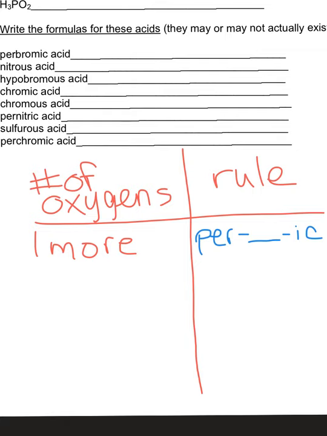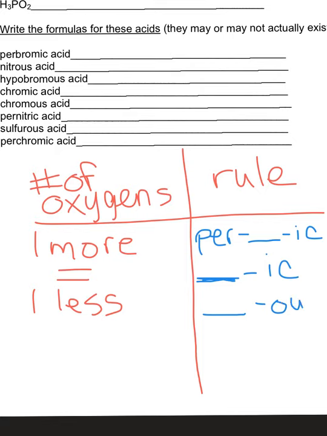So if it's equal number of oxygen, then we just end it with IC. That's our rule. You just have the root name ending with IC. Okay, carbonic, sulfic. Now if we have one less oxygen than our reference ion, then we're just going to have an ending of OUS.